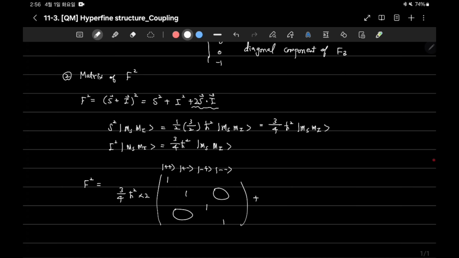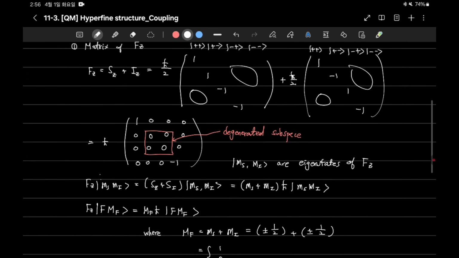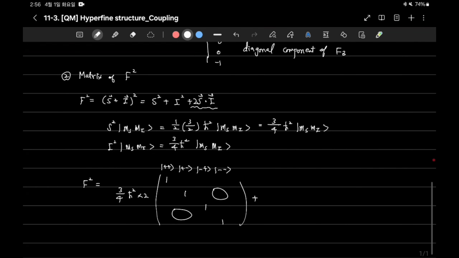And secondly, there is the 2 times S dot I. In the previous lecture we calculated the matrix elements of S dot I: it is h bar square over 4 times the matrix with 1, minus 1, 2, 2, minus 1, 1, and the other terms all 0.